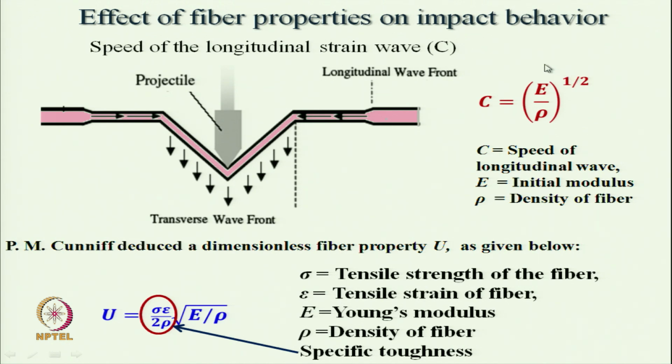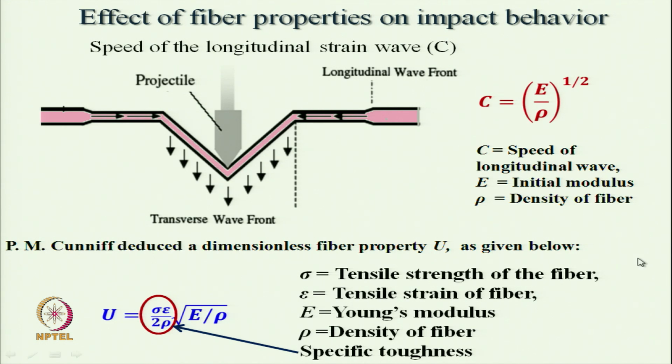So, a higher C means a higher initial modulus, which means the longitudinal wave will get dissipated quickly, and the fiber density should be as low as possible to increase the value of C.